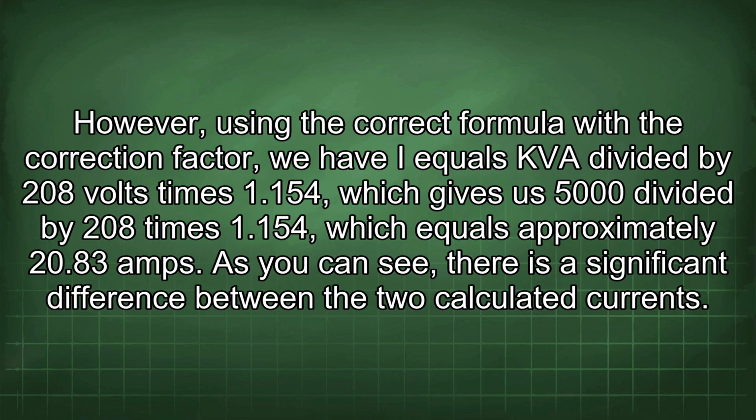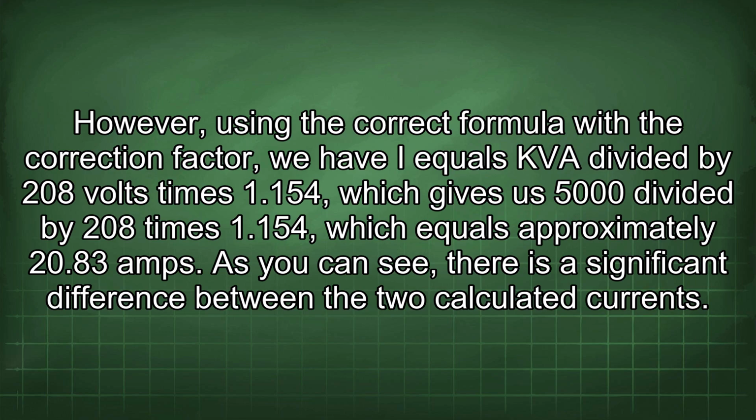However, using the correct formula with the correction factor, we have I equals kVA divided by 208 volts times 1.154, which gives us 5000 divided by 208 times 1.154, which equals approximately 20.83 amps.